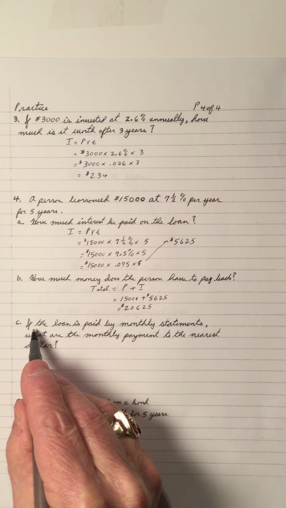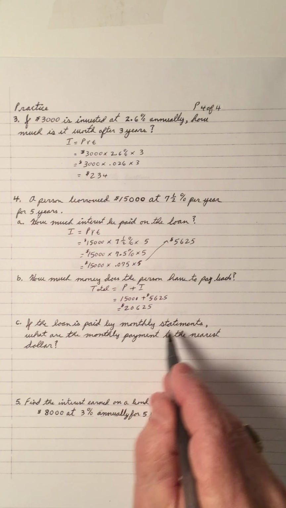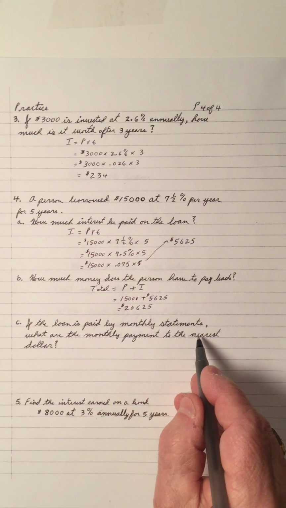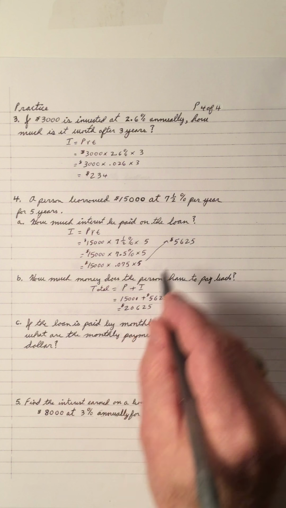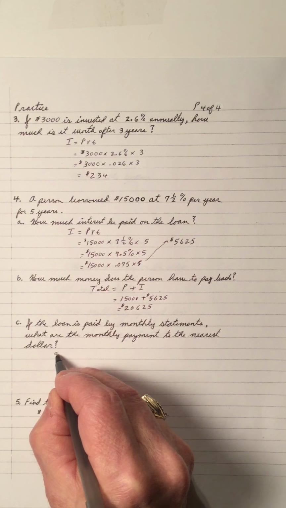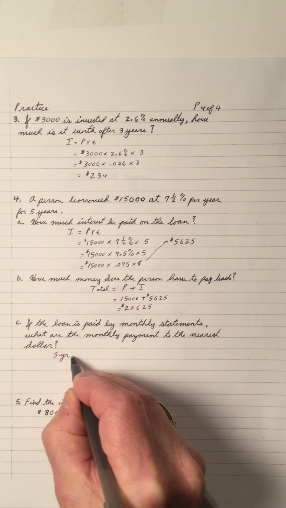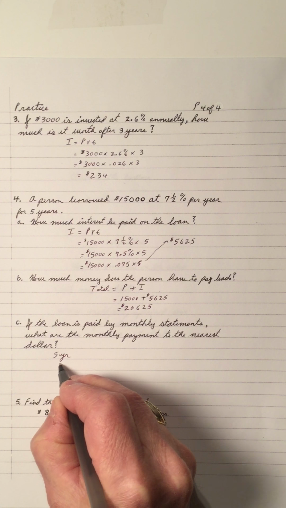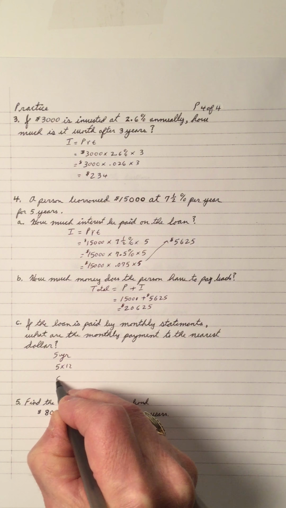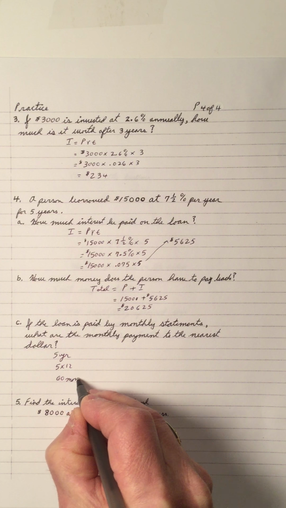So let's say the loan is paid back in monthly installments. What is the monthly payment to the nearest dollar? So you have 5 years. 5 years is 5 times 12, so 5 years is 60 months.